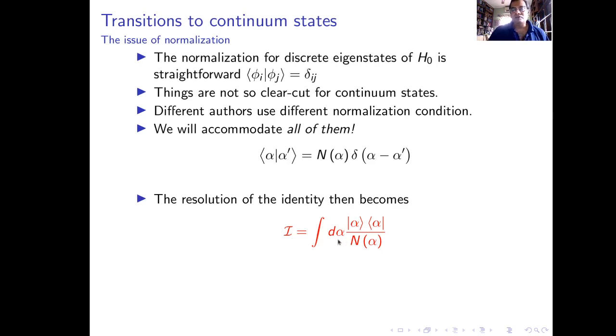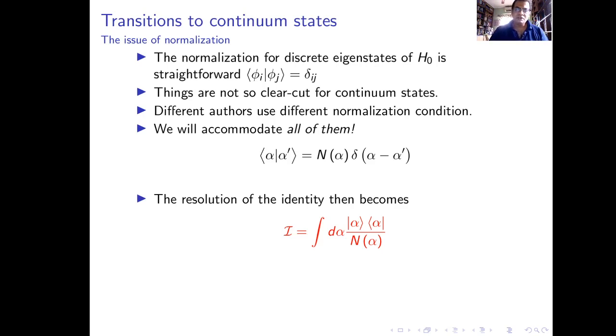Once again, let me warn you that this is still a formal expression. It might so happen that the spectrum of your unperturbed Hamiltonian H0 may have a discrete part and a continuum part, and if it has a discrete part, then this will be replaced by a sum over the discrete part and an integral over the continuum part. That's taken to be understood here.